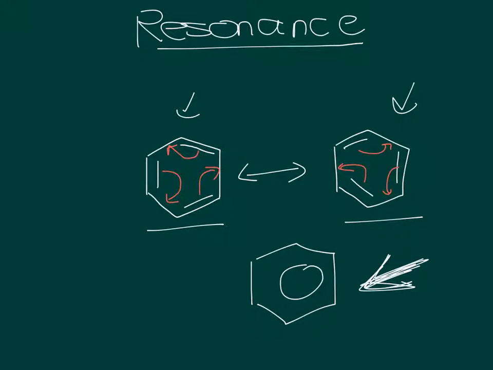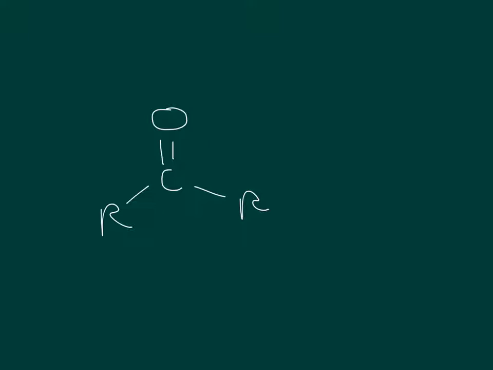Okay, so let's look at some other resonance structures. Here we have a carbonyl group showing the carbon-oxygen double bond. However, you could have drawn this with this being a single bond with a minus charge on the oxygen and a plus charge on the carbon. And again, these would be resonance structures of each other.